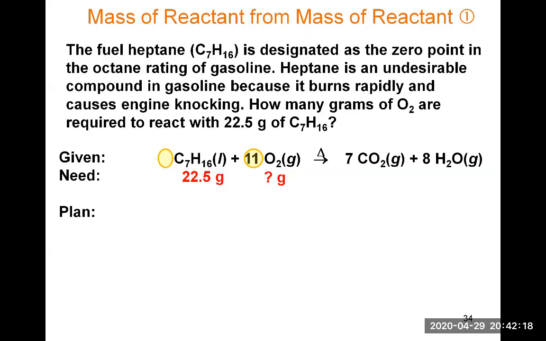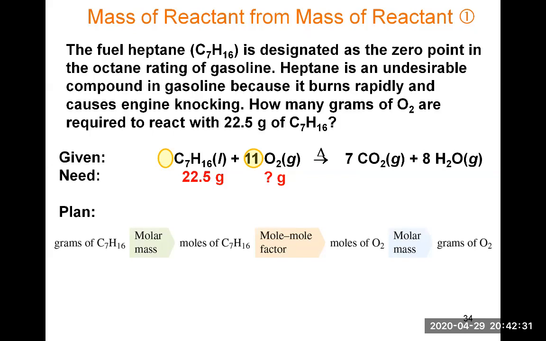And so that means we will need to convert the grams of heptane into moles of heptane. And then we can use the mole-to-mole conversion factor to change moles of heptane to moles of oxygen. And then using the moles of oxygen, we can find the grams of oxygen using the molar mass of oxygen.